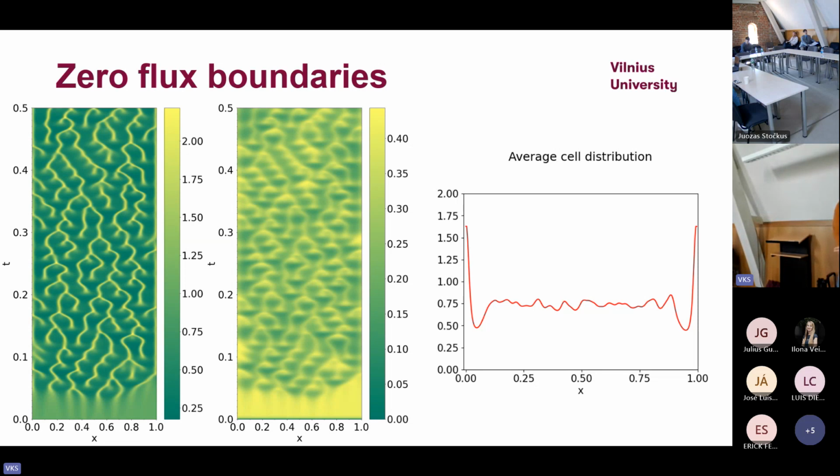There, the bacterial structure forms an almost straight line with few branches that are hard to see on the visualization of the structure, but on the average cell distribution graph, it can be clearly seen that the bacterial density is roughly at the same level, and then it spikes at the boundaries.